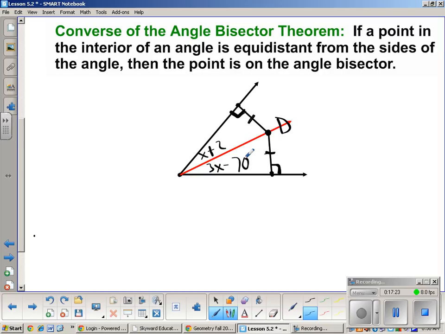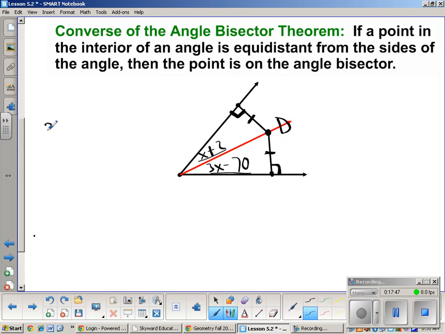All right. So anyway, if this top one is x plus 2 and the bottom one is 3x minus 70, what this converse of the angle bisector theorem says is since these are equal, that means this point is on the angle bisector. So that means these two angles have to be equal.